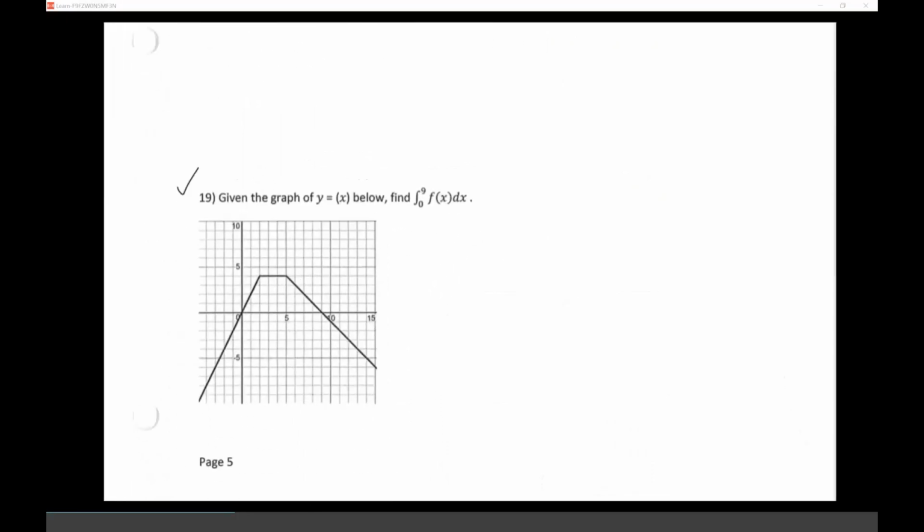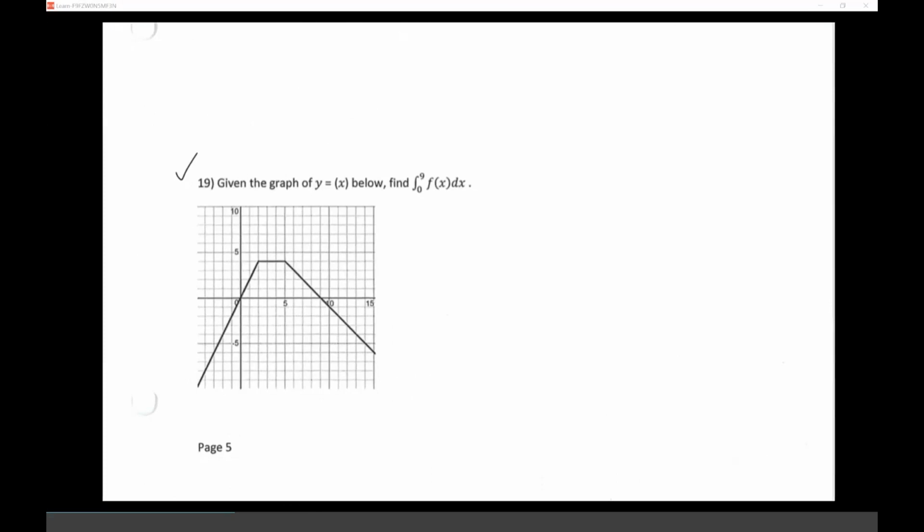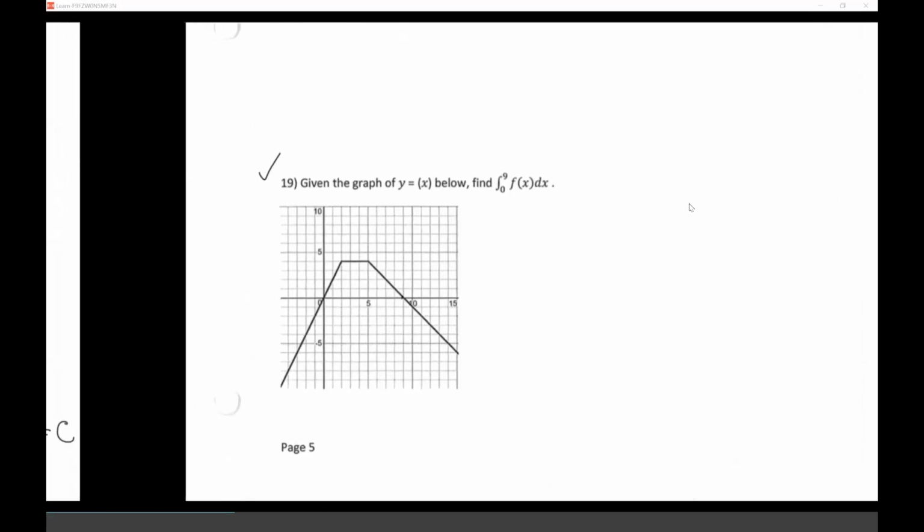So let's look at number 19. It says, given the graph of y equals x below, find the definite integral from 0 to 9 of f of x dx. Okay, just in case you can't tell, here's 9, here's 0. Okay, so what are they asking you to do?